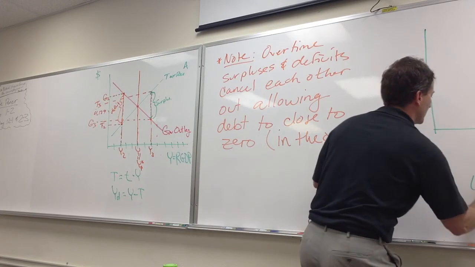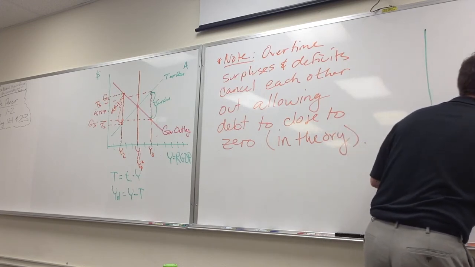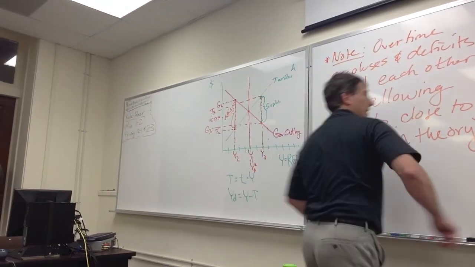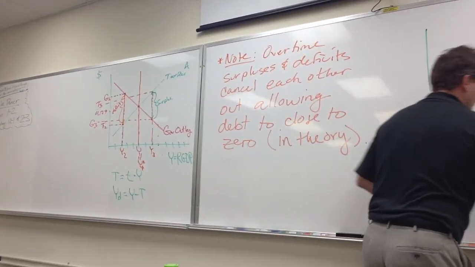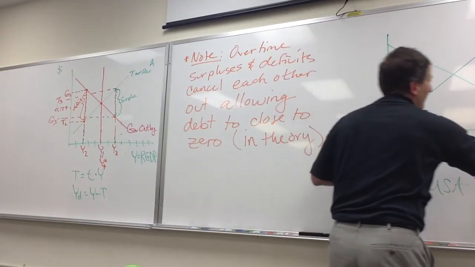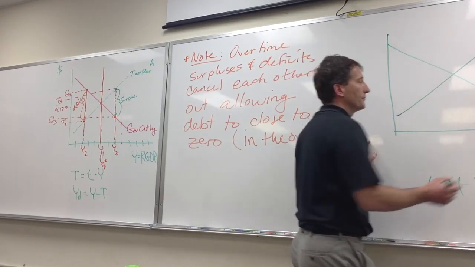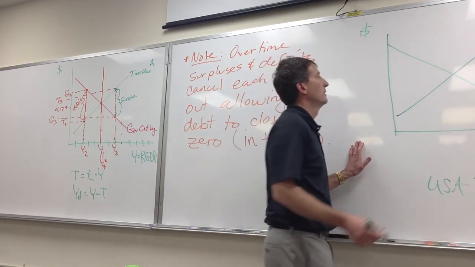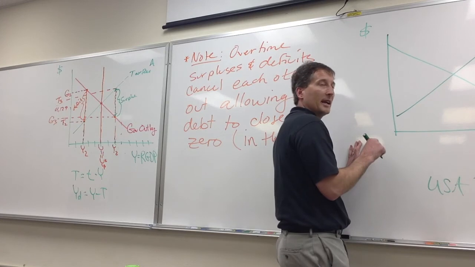So let's call this the USA Today, not to play off of the newspaper at all. The USA Today, go ahead and draw a T function that's upward sloping and a G function that's downward sloping. Real GDP here, dollars here. Don't draw the vertical one yet.